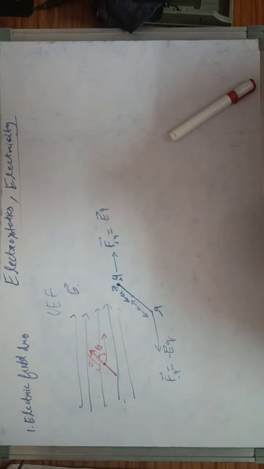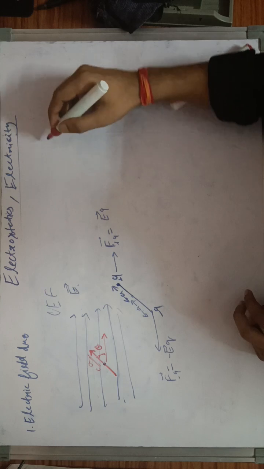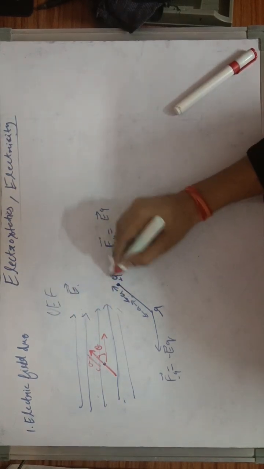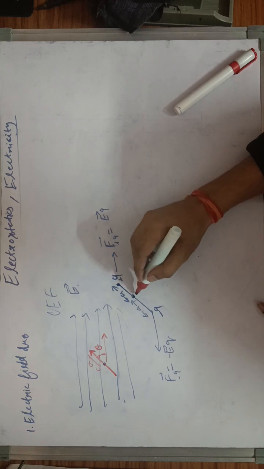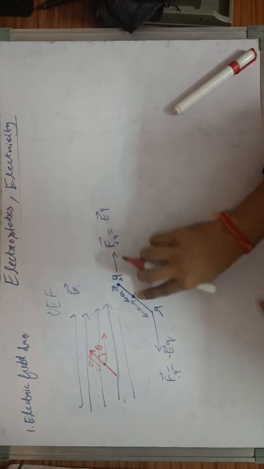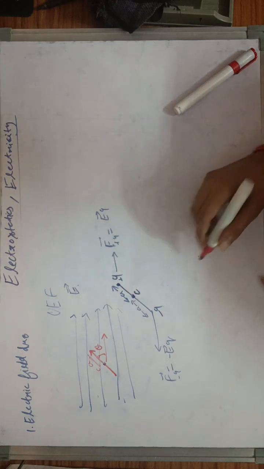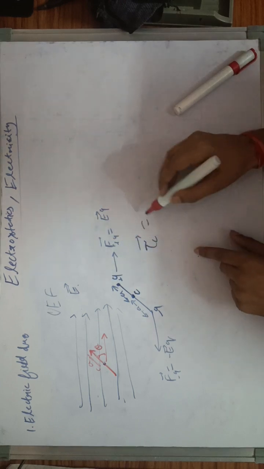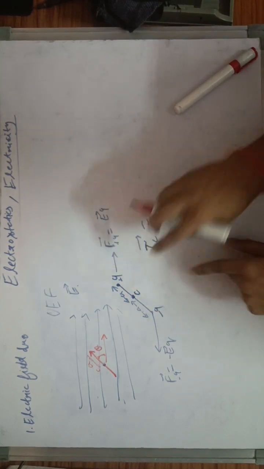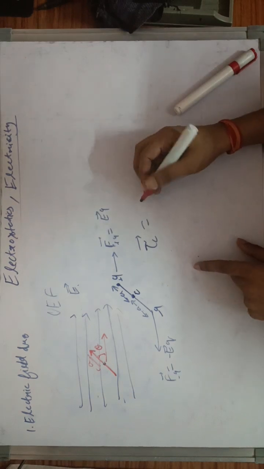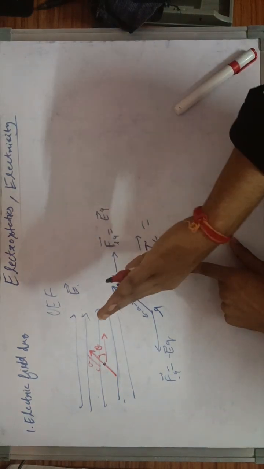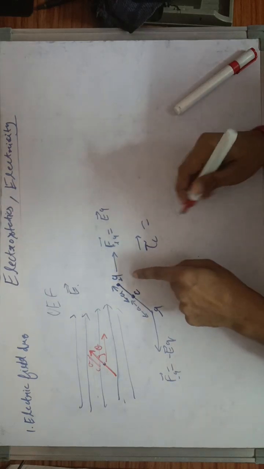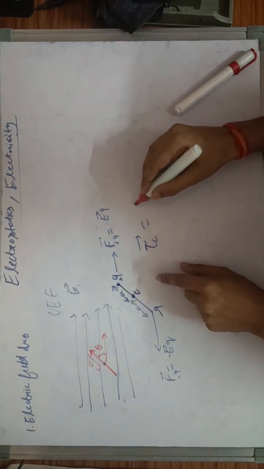And now talking about the torque, since there is a force F acting in this direction, and this is the length, let's say this is the center point, then the torque taken about this center point can be written as r cross F. This r cross F gives torque in this downward direction, and the value would be equal to EQ into a.